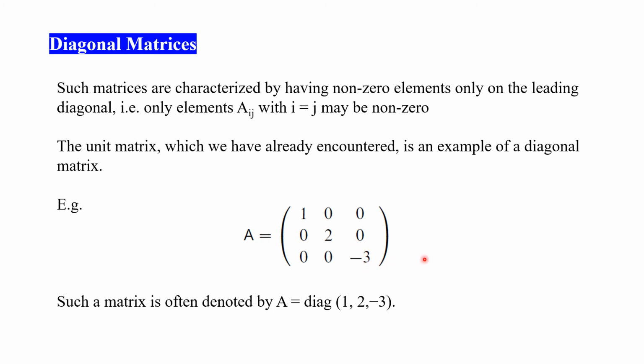Such a matrix is often denoted by A equals the diagonal of 1, 2, -3. So instead of writing this one as a whole, we can also write this matrix in just this way. This is just equivalent to saying that you have this matrix here.